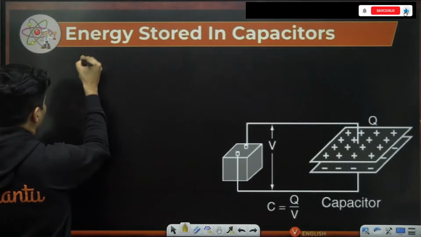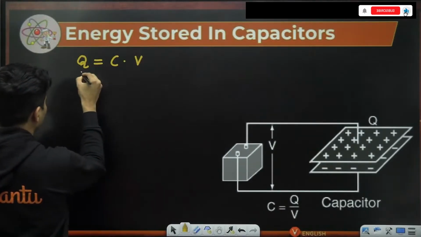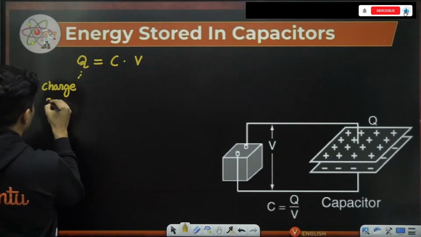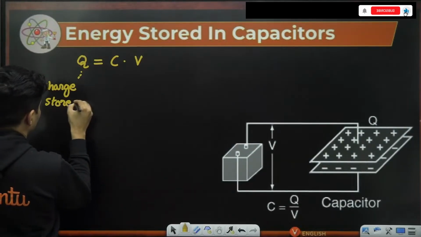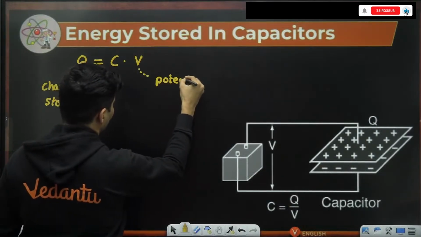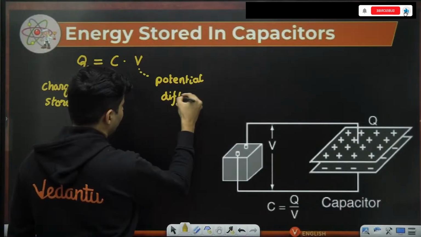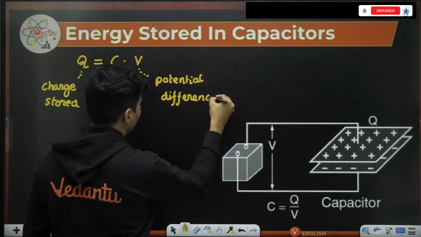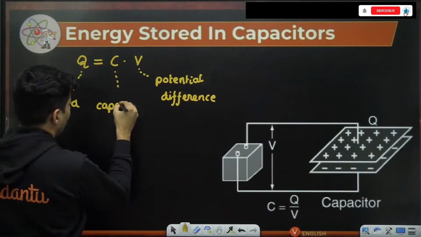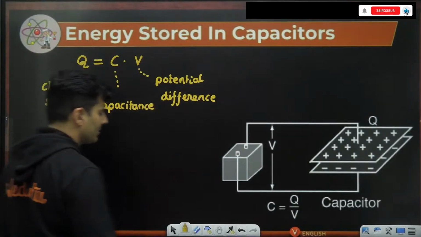The charge stored on a capacitor is Q, capacitance is C, V is the voltage. This is the charge which has been stored. This is the potential difference on the capacitor, and C was nothing but our capacitance.